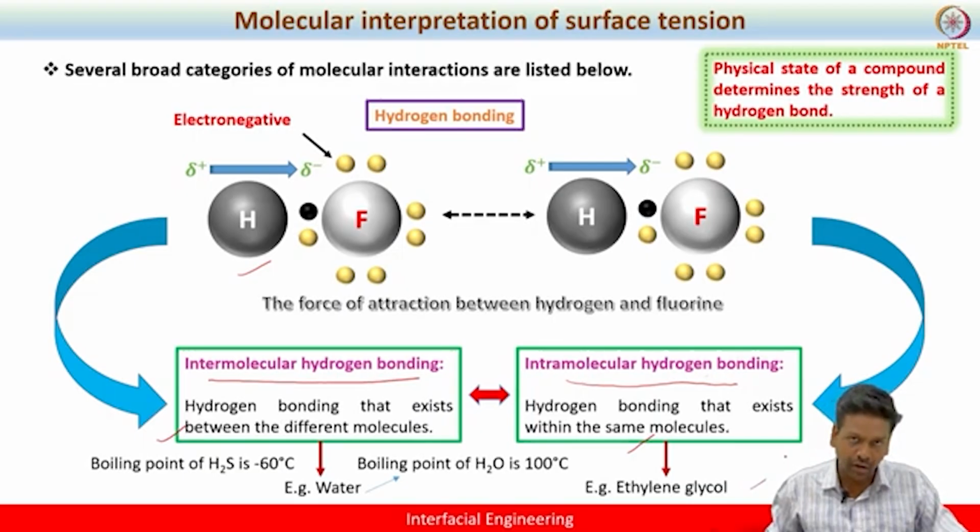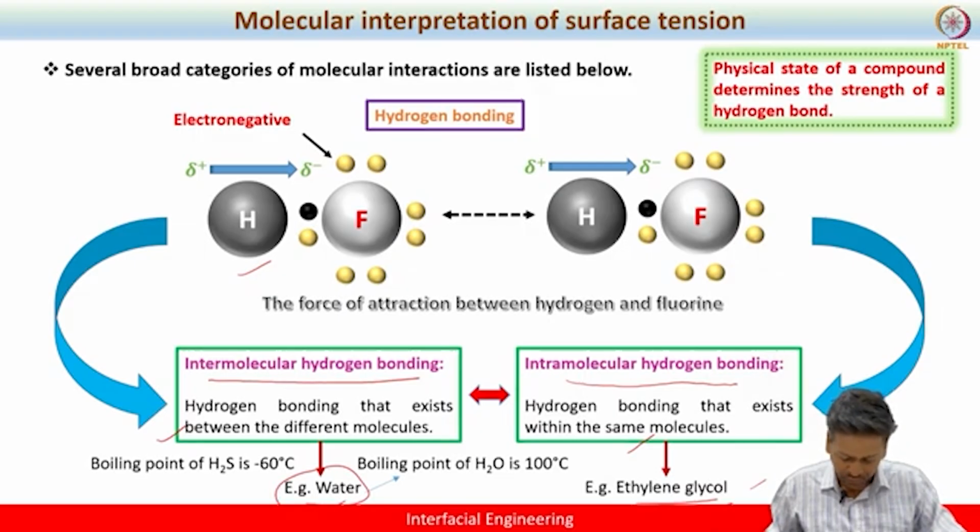This hydrogen bonding is very crucial in determining the physical properties. If you take an example of intramolecular hydrogen bonding, let's say ethylene glycol, and for intermolecular hydrogen bonding, the example that we can give is water, right? It's the simplest example of intermolecular hydrogen bonding that exists between the molecules.